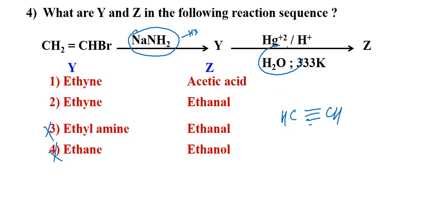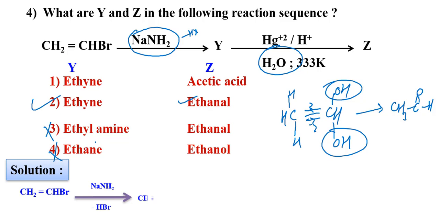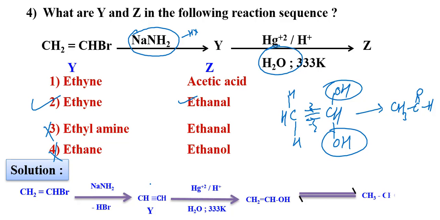So then hydrolysis there. Hydrolysis, 1 pi bond, 1 hydrogen and OH. Next, 1 more pi bond breaking, 1 hydrogen and 1 OH. 2 hydroxy groups on same carbon, unstable, releasing 1 water molecule. Therefore CH3 C double bond OH is the answer. So second one is the correct option. You can see the mechanism here.